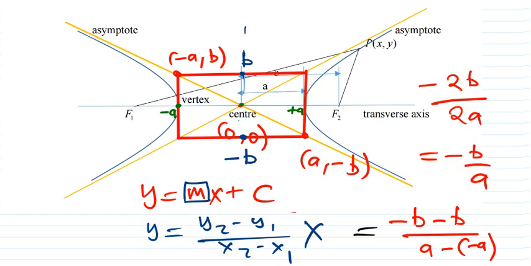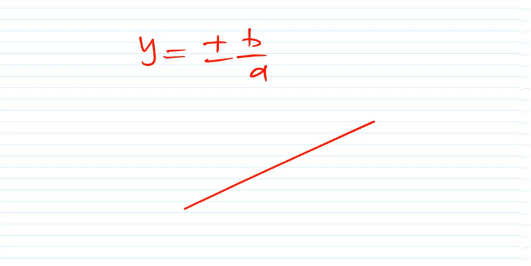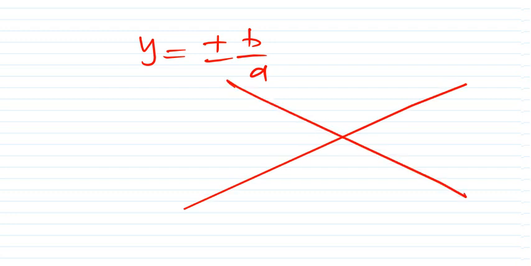If you apply the same principle on the other line that is sloping upwards, this one is going to be positive b over a. So therefore, in summary, the equation for the asymptotes is plus or minus b over a, where the slope going this way is positive b over a, the other one is negative b over a.